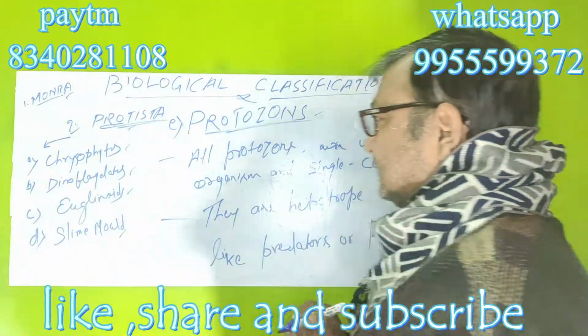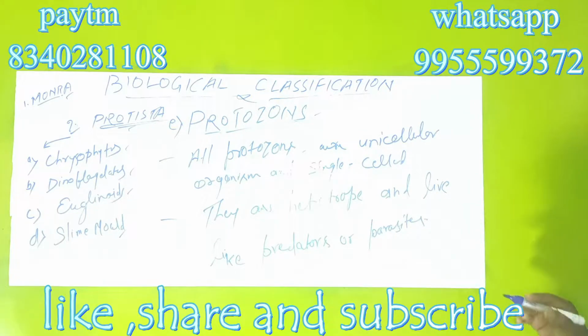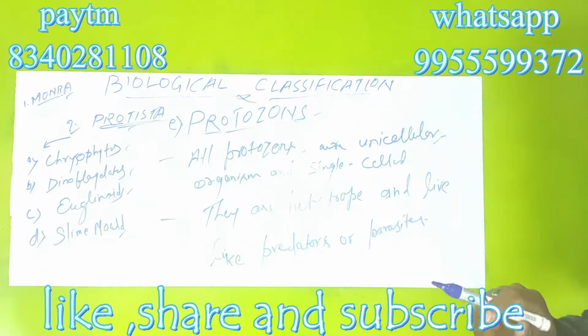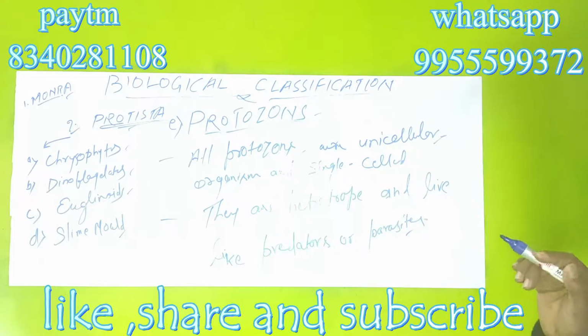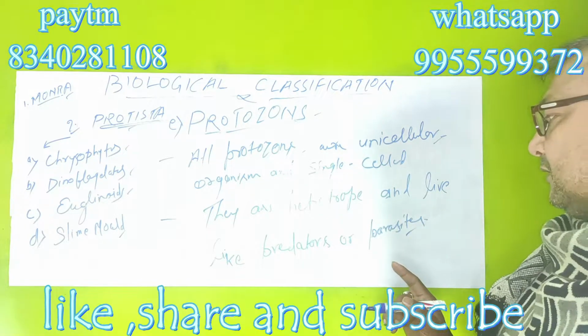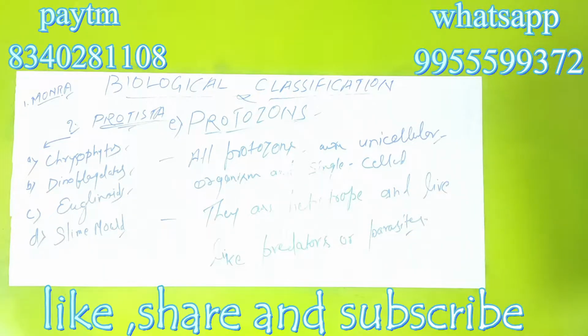This means all protozoans are unicellular and heterotrophic, that means they can't make their own food. They live like predators, which means they feed on others, or as parasites, which feed on and depend upon others for their nutrition.